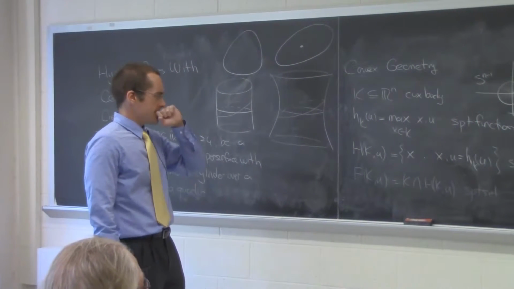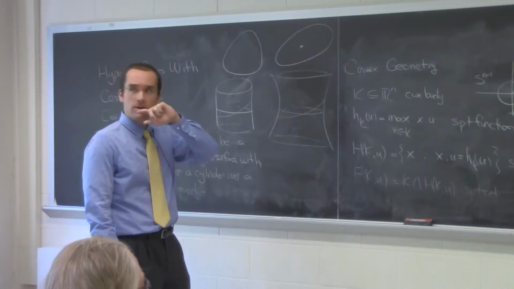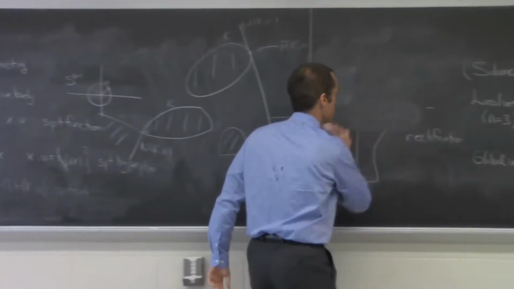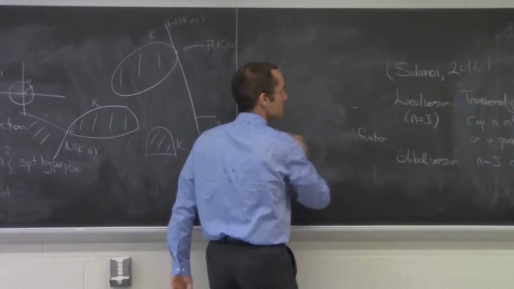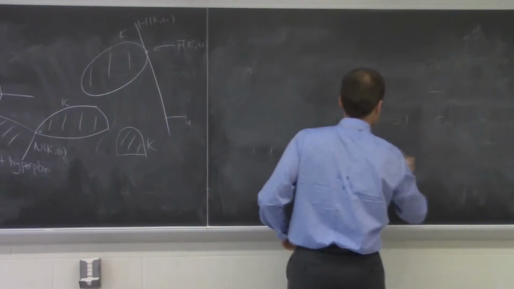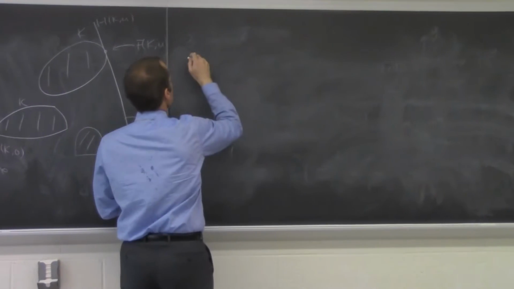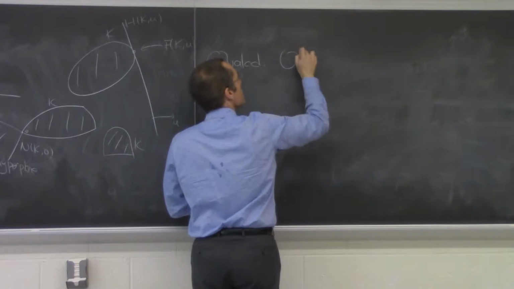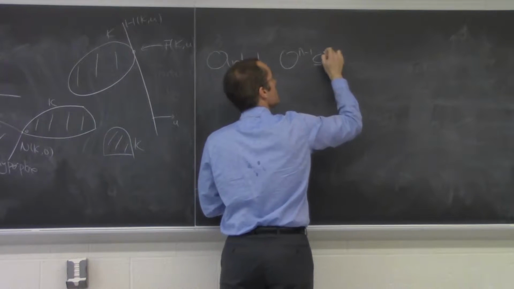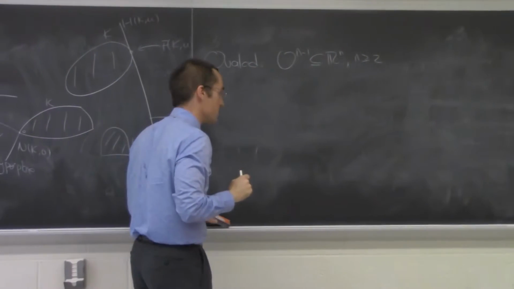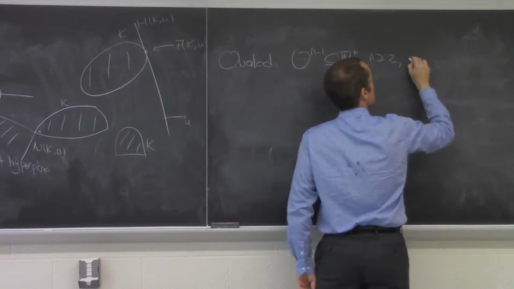All right. Now let me give the definition of the ovaloid. Now a formal definition of an ovaloid. And again, a one-dimensional ovaloid is also called an oval.